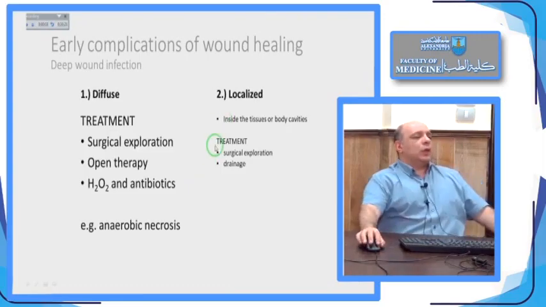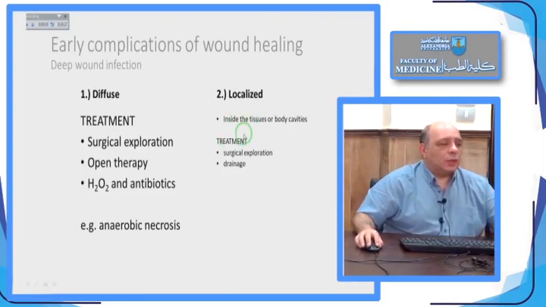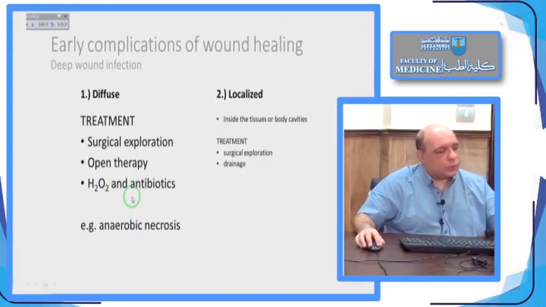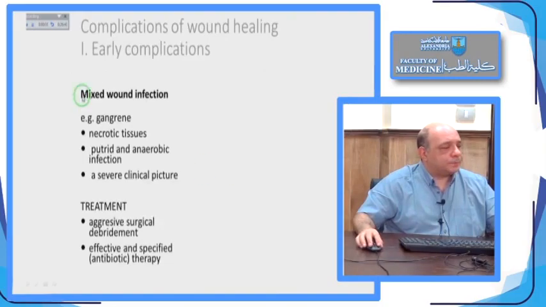Deep wound infection may also be diffused or localized. It's treated by surgical exploration, open therapy, and hydrogen peroxide and antibiotic irrigation of the wound in both cases.